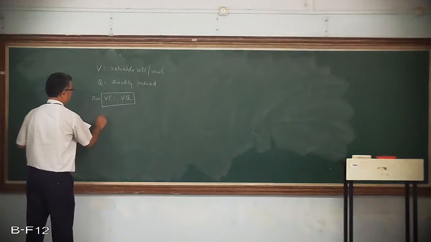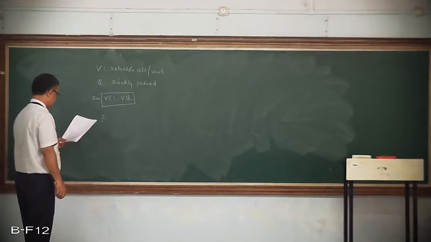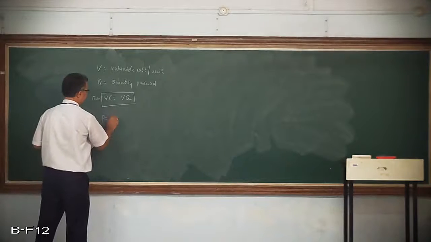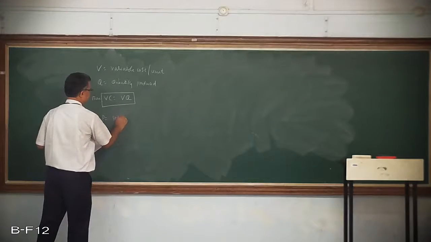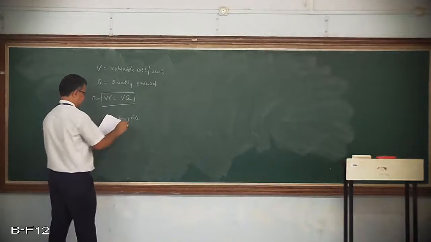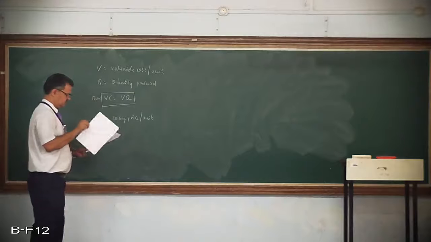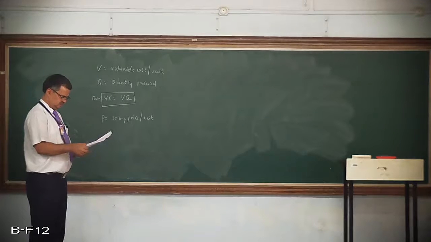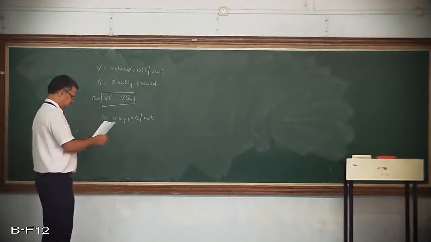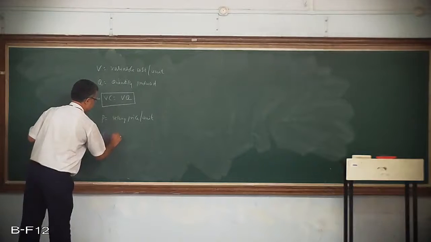So you take one more component. P indicates selling price per unit. Next, C is equal to contribution.